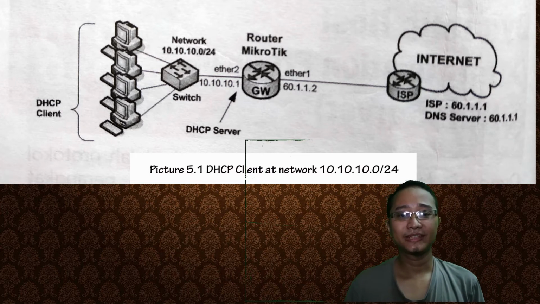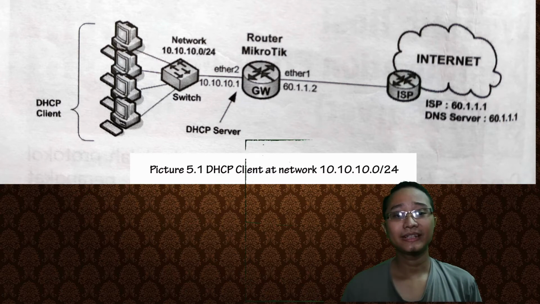And besides that, you must understand the options that you must configure at the DHCP server. Those options I can explain as follows. Point number 1, network address. This option is the network address with the prefix, or subnet mask, that must be given to the user computer.